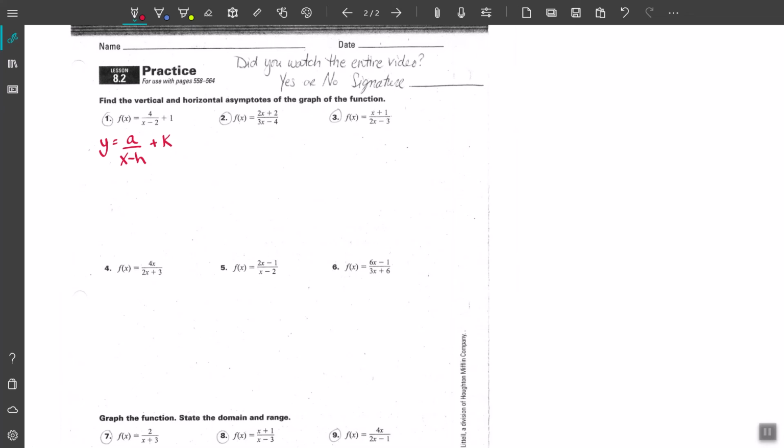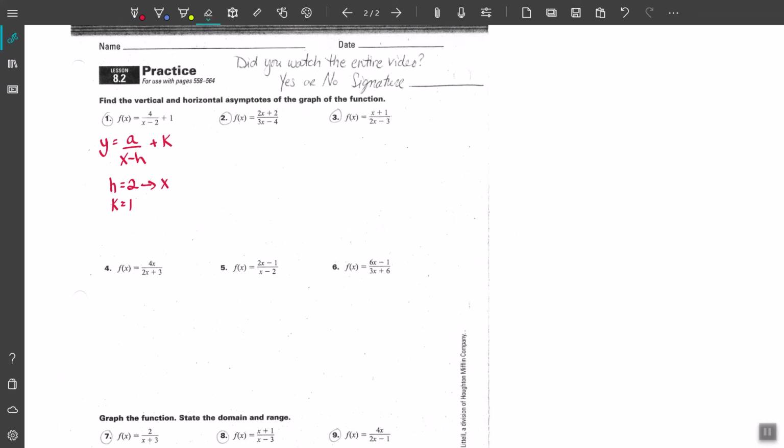So what we need to do is find our h value, making sure that it's written as a difference, which it is up here at x minus 2. So that means that our h value is 2 and our k value is 1. The h value is going to line up with our vertical asymptote.